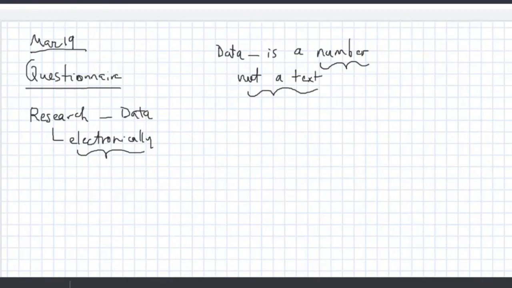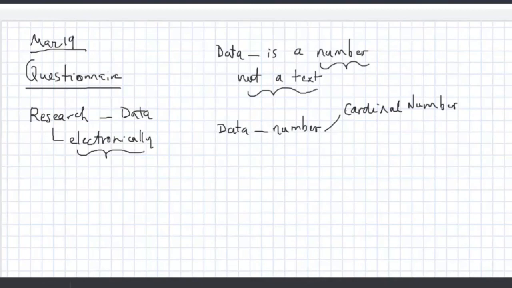The data, in another form, a number, can be of many types. One type is the cardinal numbers. What is a cardinal number?